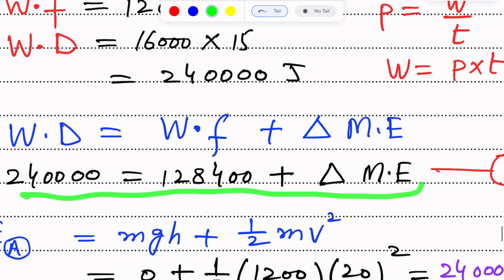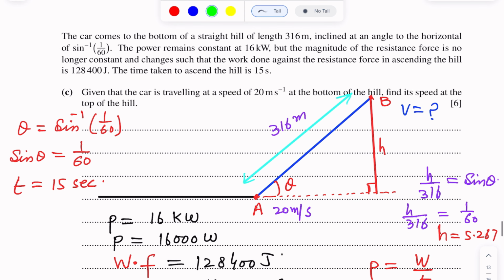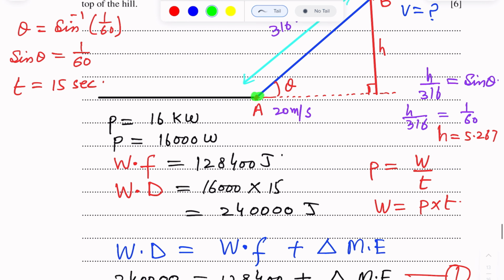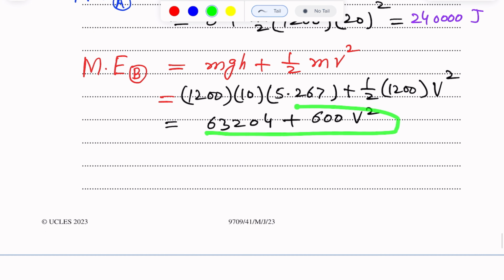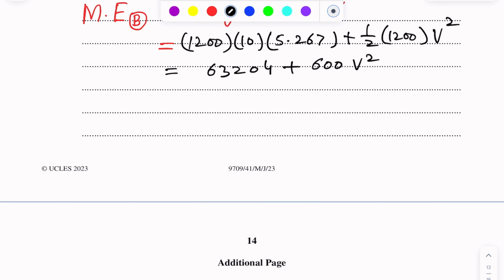Now in equation 1 we write the change in mechanical energy. Change means final mechanical energy minus initial mechanical energy. From equation 1, 240000 is equal to 128400 plus change in mechanical energy.